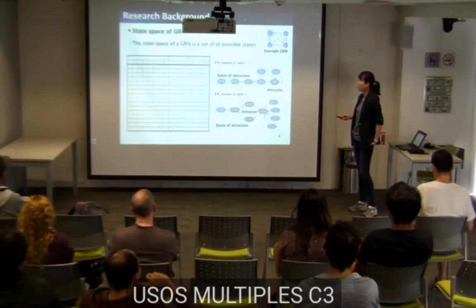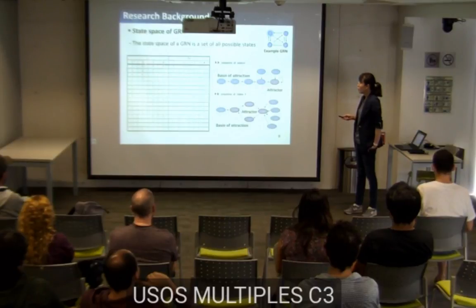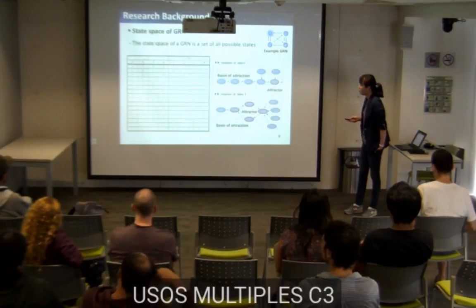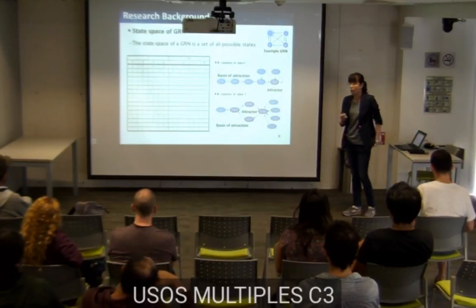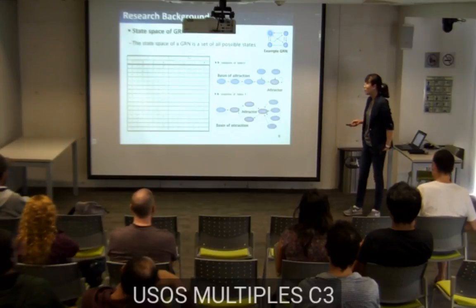As I said in the previous slide, if gene 2 and gene 3 are 0 at time t, then the state of gene 1 becomes 0 at the next time step. So based on the assigned Boolean functions and input nodes, we can complete the state space.